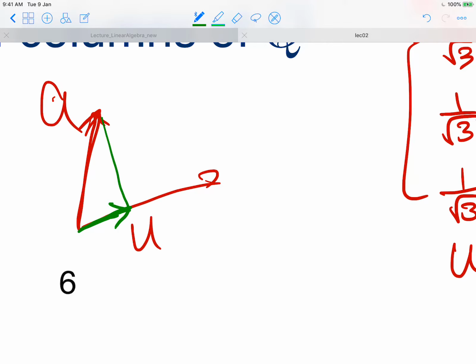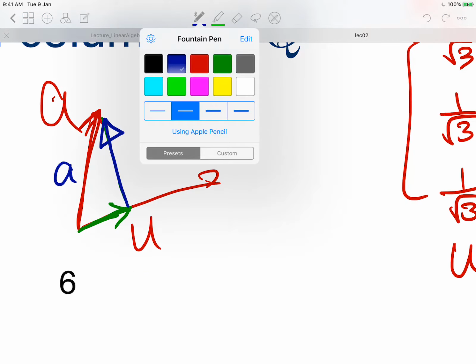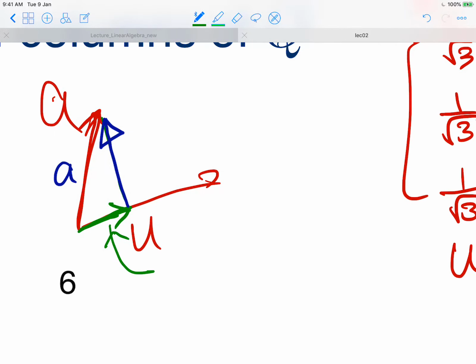And then we have this second component, right? So in general, this vector plus that blue vector should produce the original input vector A, right? And so we have to first compute this green part, right? How do we compute this green part?